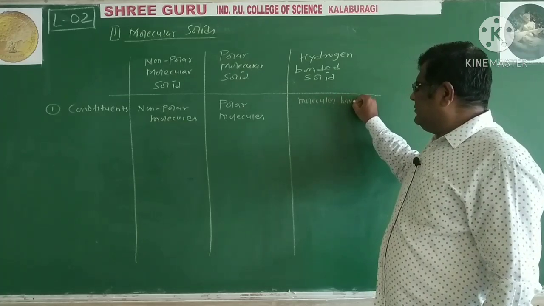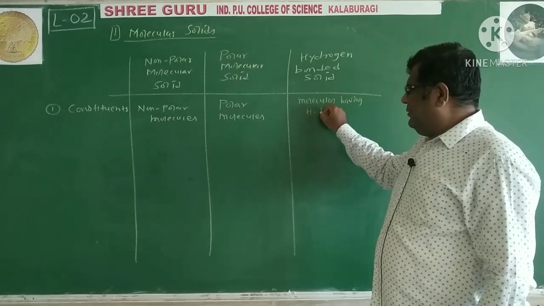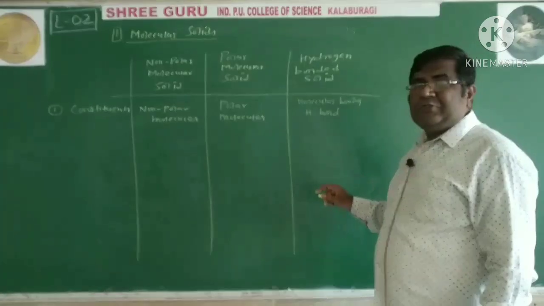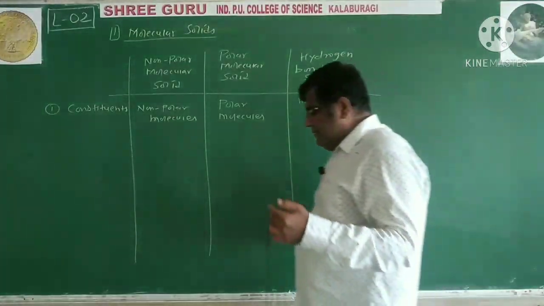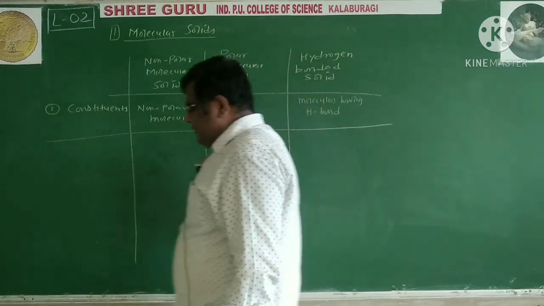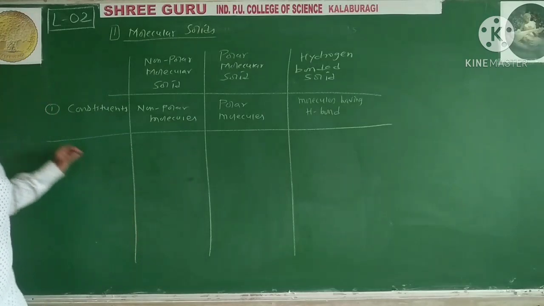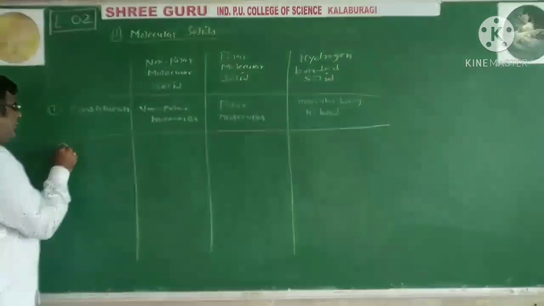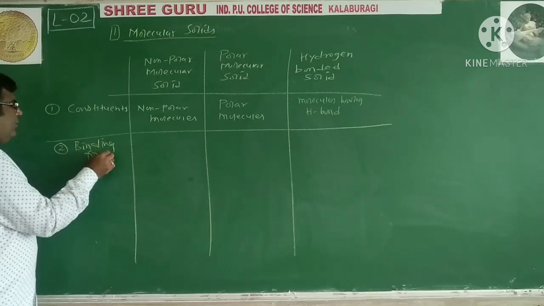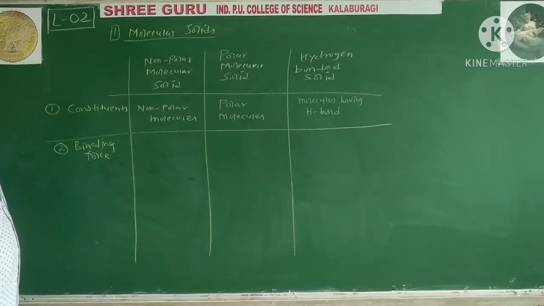Molecules having hydrogen bond. Now what is the hydrogen bond? We'll see in the binding force. The next point will be the binding force involved in this type of solids.